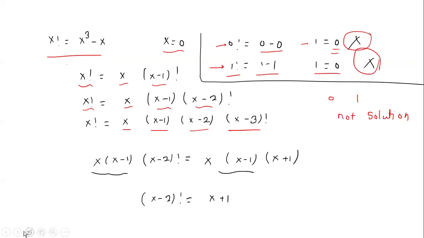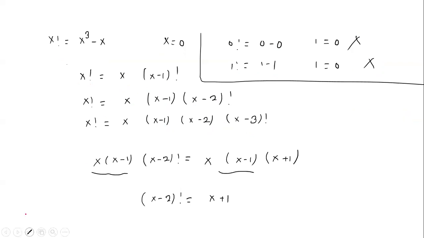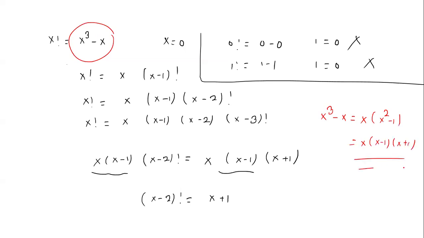Here, we have this x cube minus x, so I can write this as x multiplied by x square minus 1, which I can further write as x multiplied by x minus 1 multiplied by x plus 1. So this is the simple form of x cube minus x.